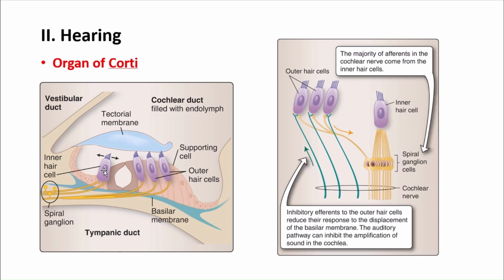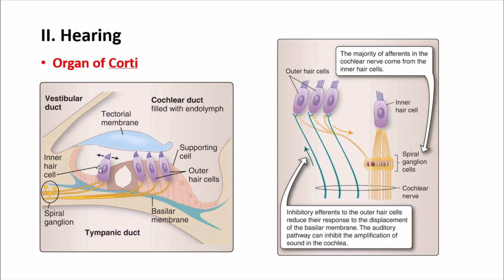The inner hair cells do not directly connect with the tectorial membrane, but the outer hair cells are in close contact with the tectorial membrane. So when the fluid moves and comes through the tympanic duct, this basilar membrane goes up and down, and these hair cells are stimulated by the tectorial membrane, which then stimulates the nerve fibers.